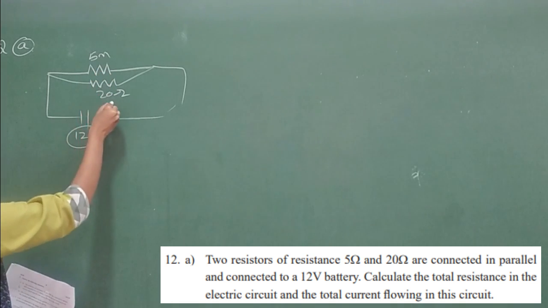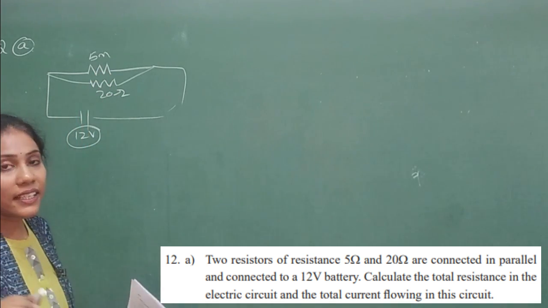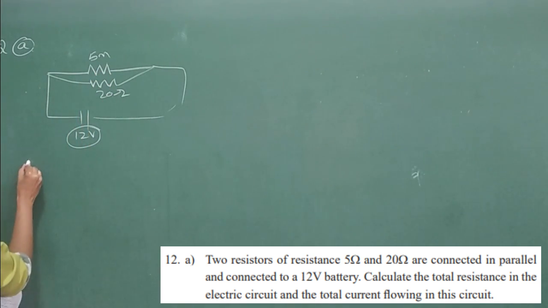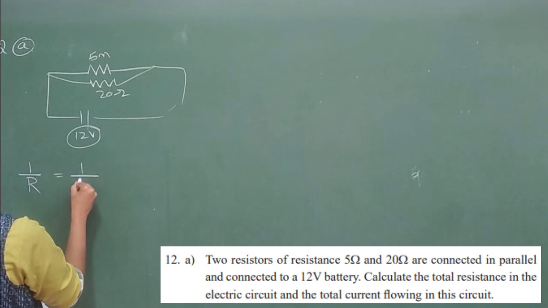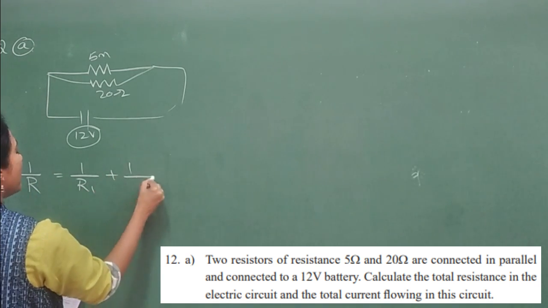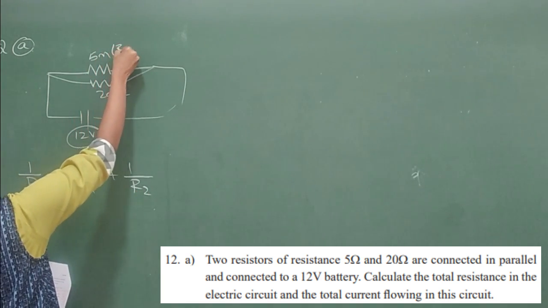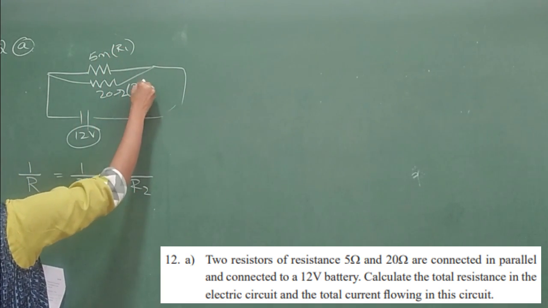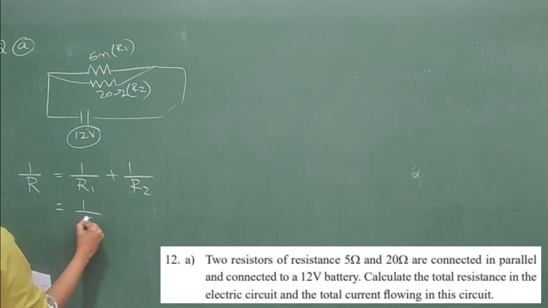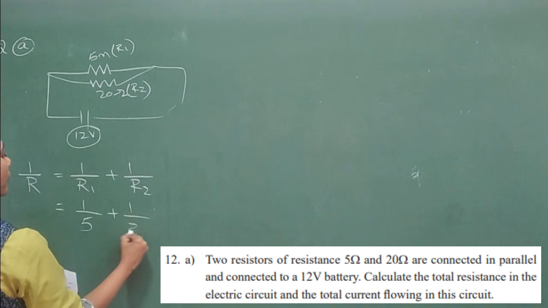So you know, whenever the resistors are connected in a parallel way, how do you calculate the total resistance? It is 1 by R is equal to 1 by R1 plus 1 by R2. So let me consider this as R1 and this as R2. So 1 by 5 plus 1 by 20.